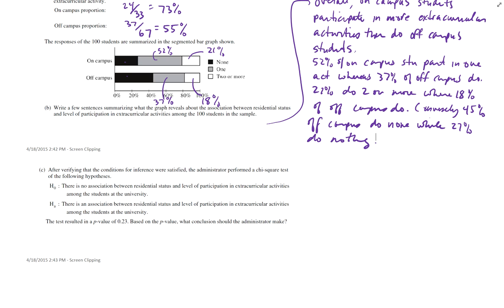Okay, C. After verifying conditions, they performed a chi-square test on the following hypothesis of the association. P-value is 0.23. So since 0.23 is greater than alpha equals 0.10, keep consistent. If they use decimals here, use decimals here.